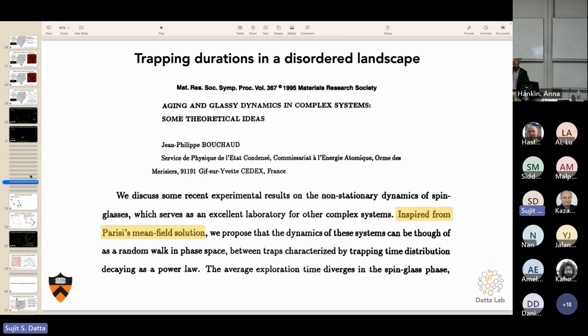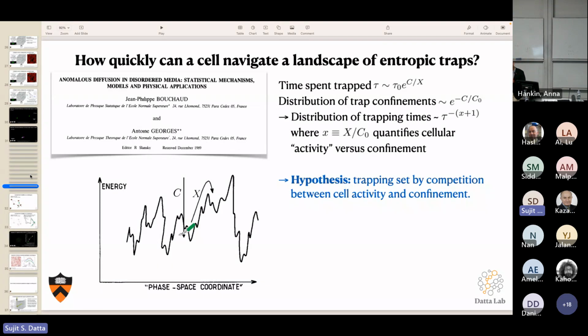There are predictions that emerge from this that we were able to verify in the experiments. So that was a long-winded answer, but in short, we think that they're still trying to do tumbles, but the fact that they're confined in these tight spaces reduces the number of configurations that enable them to actually escape.